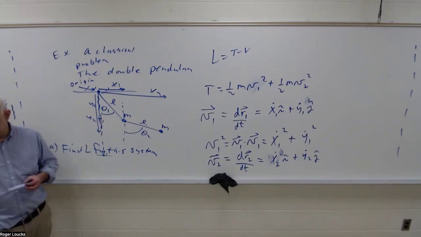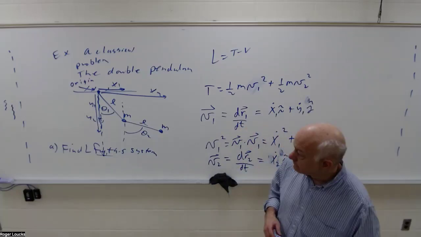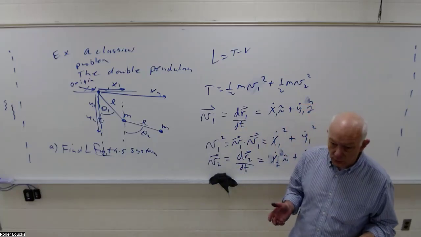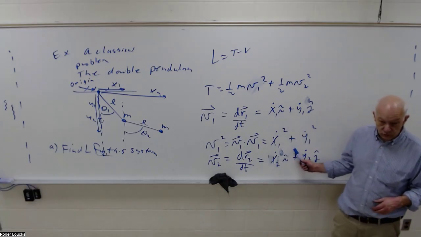First of all, what do you think our generalized coordinates are going to be for this problem? Theta 1 and theta 2 are going to be our generalized coordinates. These are not our generalized coordinates, so we have to write these in terms of the generalized coordinates.